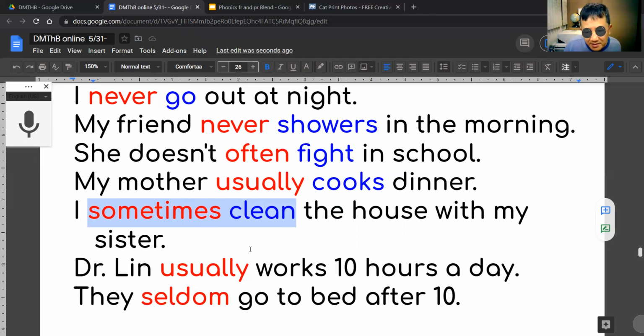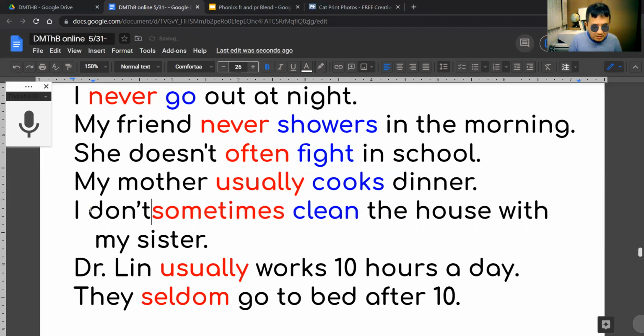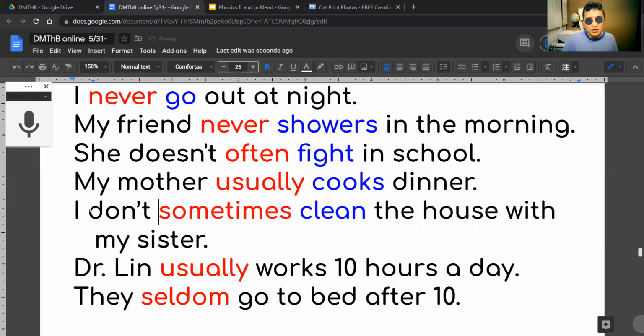Again, even if I negate the sentence with the word don't, it doesn't change the placement of sometimes and clean. The rule is the same. Here is the verb, and this is the adverb of frequency, and it is before it.